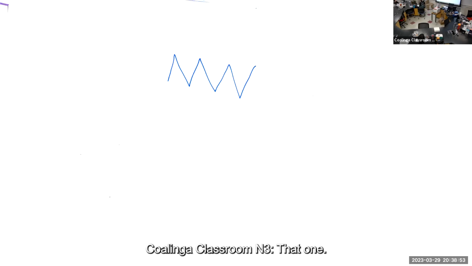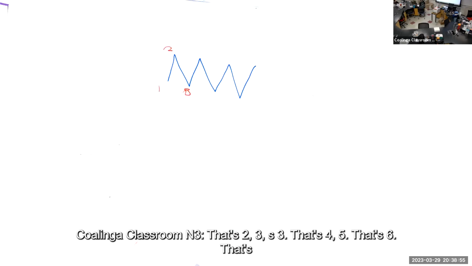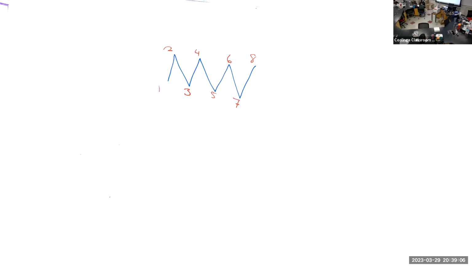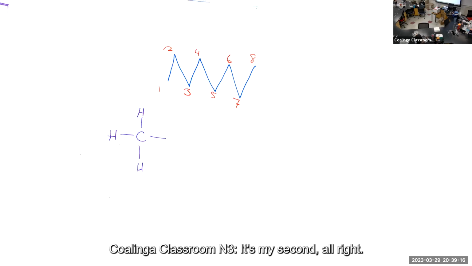So that's 1, that's 2, that's 3, that's 4, that's 5, that's 6, that's 7, that's 8. Okay. Now, when we expand it out so you can actually see everything. This is my first card. This is my second card. Second card is going to have 2.